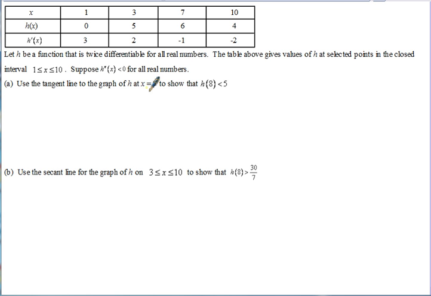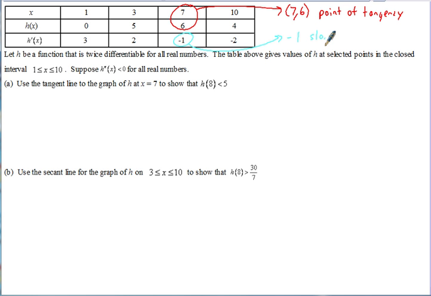So first we need the tangent line at x equals 7. Again, we need two things, the point of tangency and the slope. When x is 7, here we use our table, and we can see the y coordinate is 6. So 7, 6 is the point of tangency. And we need the slope. Well, the slope is our derivative here. So when x is 7, h prime of x equals -1.